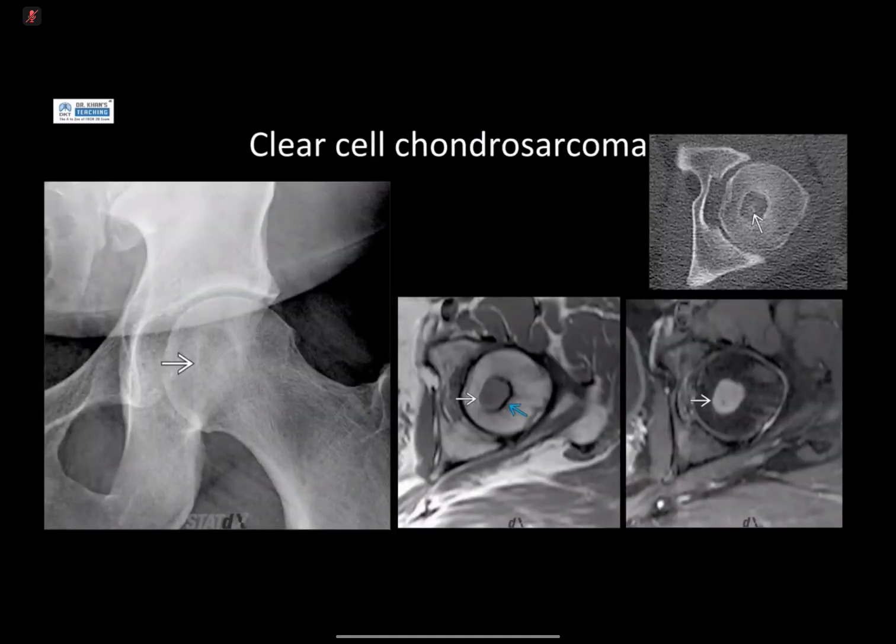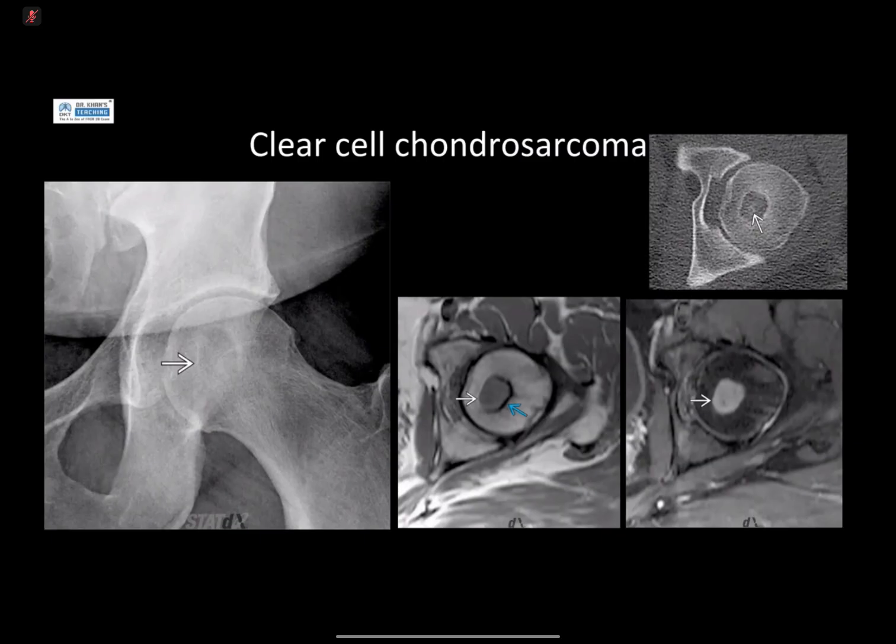And this is just to show you an example of what that would look like. On the plain film, you can see a fairly similar lesion. If you have an AP radiograph, this patient is 35. You can see that well-defined lytic lesion with the sclerotic margins, just as we saw in the case before. And actually this lesion was picked up incidentally.